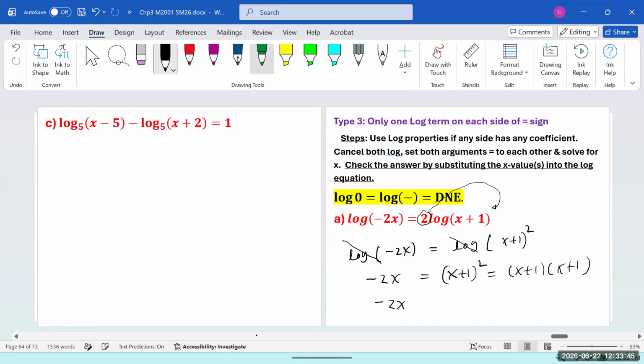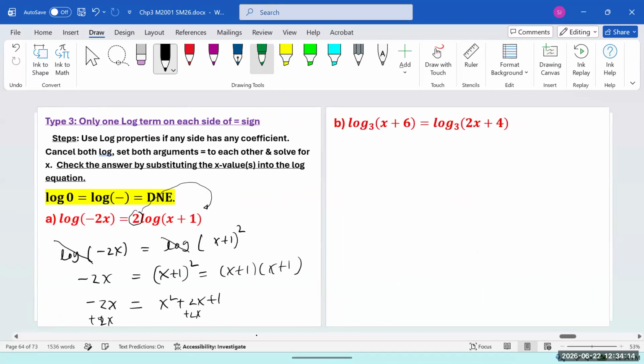So we have minus 2x. Who knows what do you get on the right side? Good job. X squared plus 2x plus 1. And then what do we do? Add 2x, add 2x.